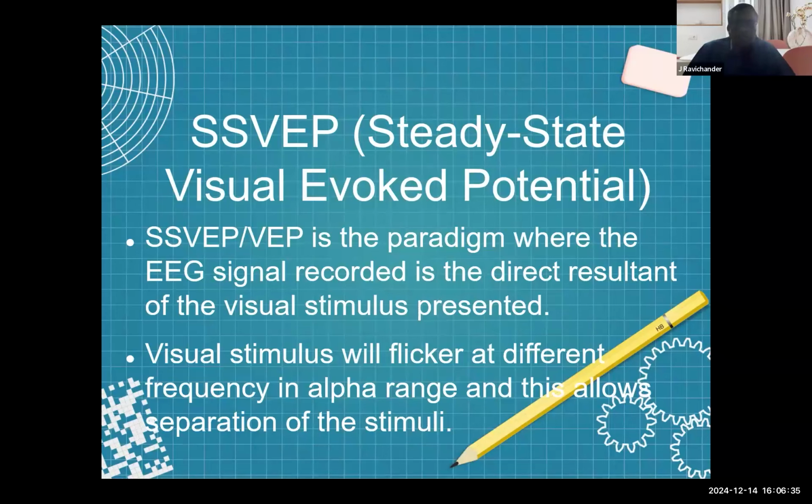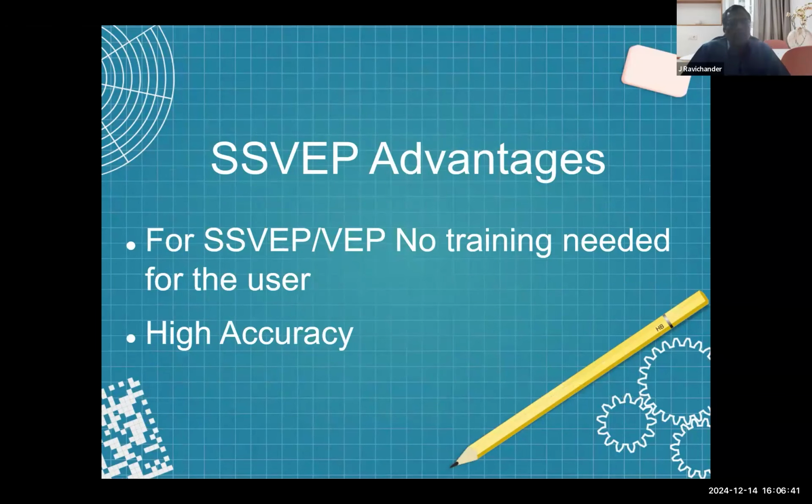That is called steady state visual evoked potentials, SSVEP. The advantages: no training is needed, not much training is required. That is the first advantage. The second is that it is highly accurate.